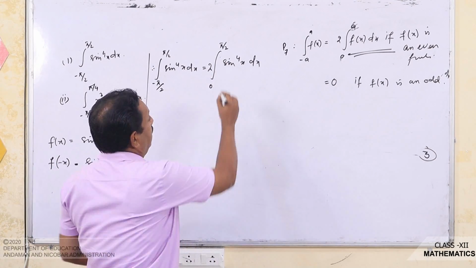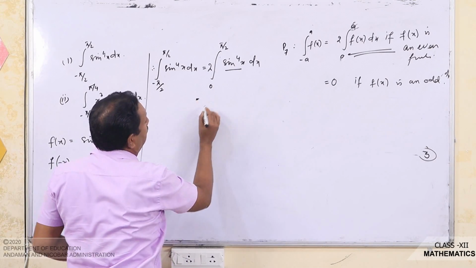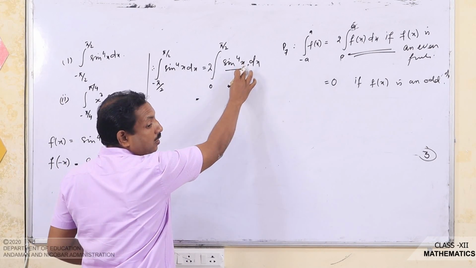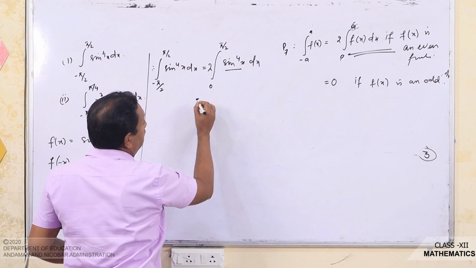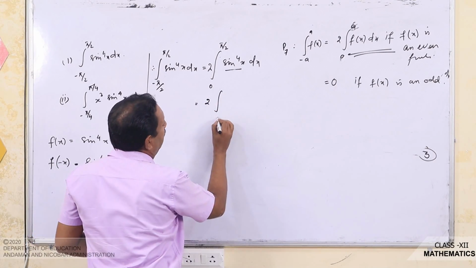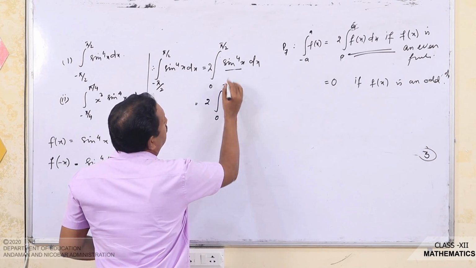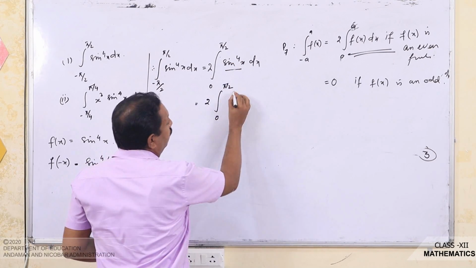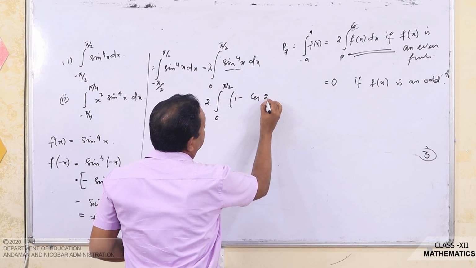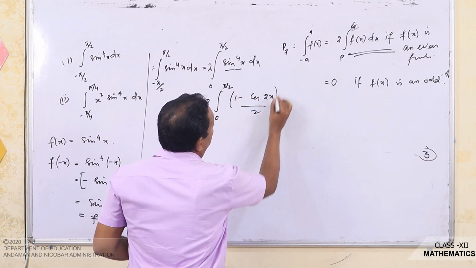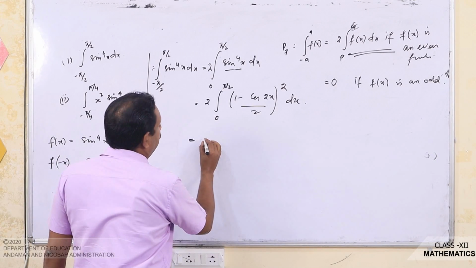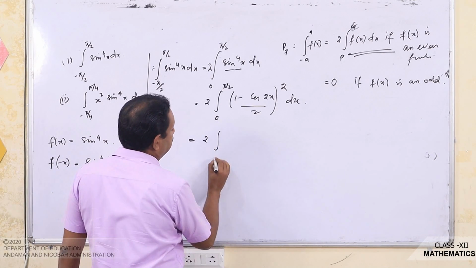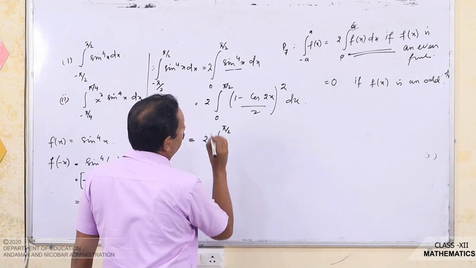And now sin power 4x, what we can write, that is sin square x over sin square x, that means that is 2 times the integral from 0 to pi by 2 of sin power 4x, which can be written as 1 minus cos 2x by 2 the whole square dx.